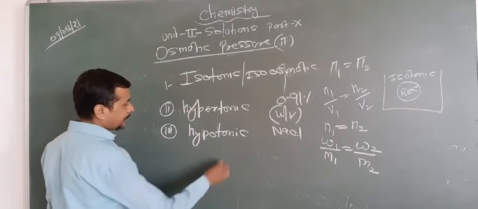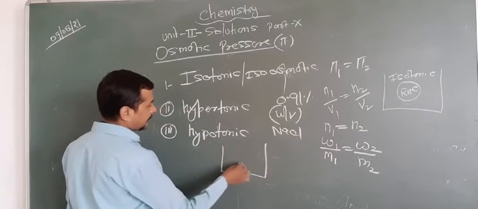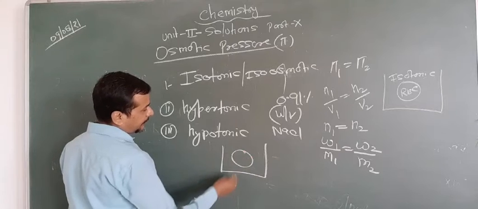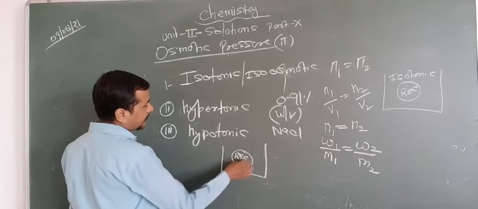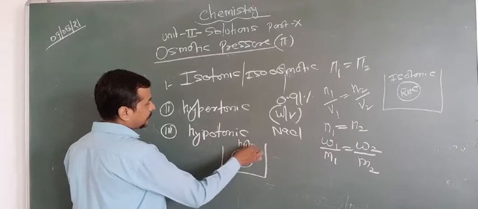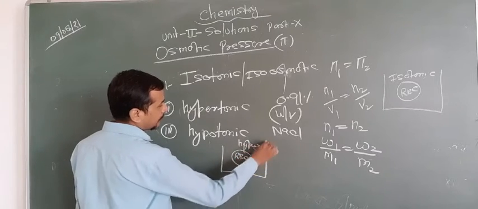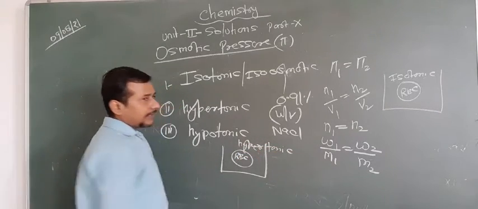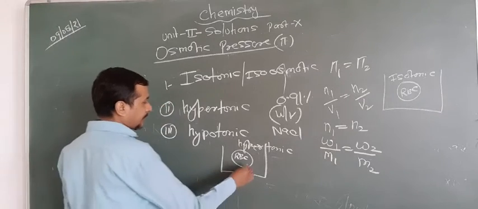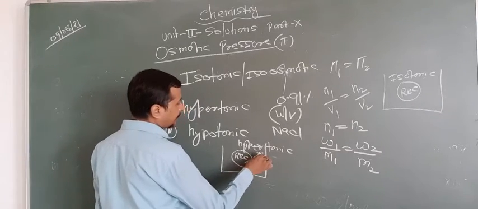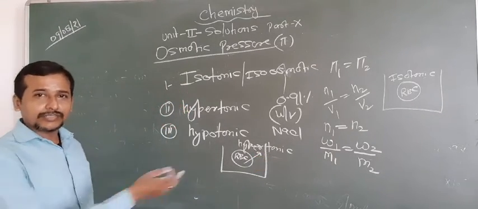In that condition, what happens here? In case of hypertonic, just think that this is the RBC and this is the hypertonic solution. You know that there is a flow of solvent molecules from the RBC to the outside of the solution.